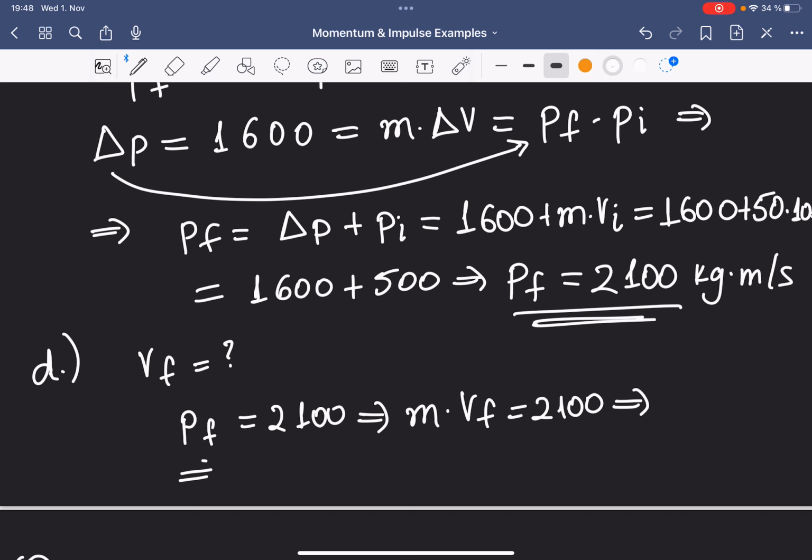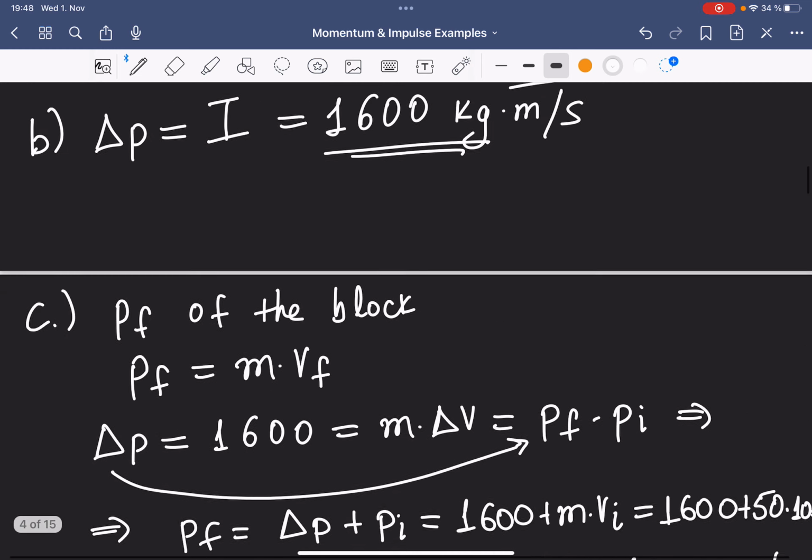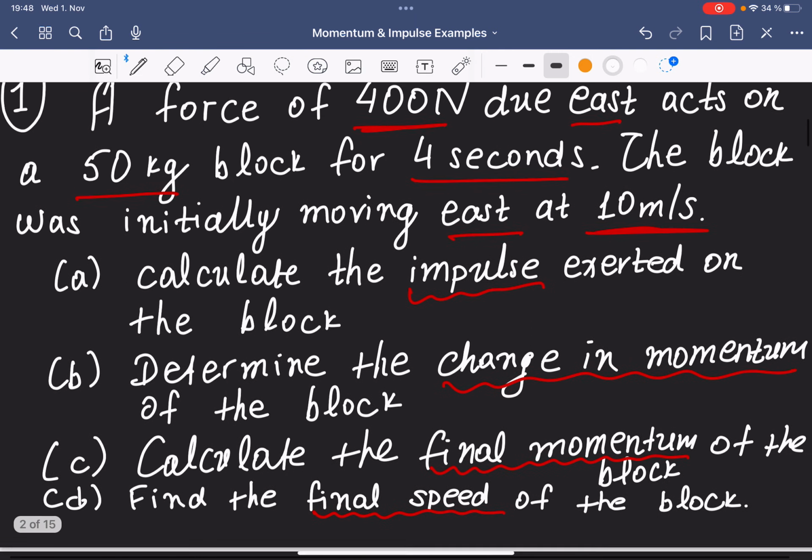And if we solve this one for VF, we can have that VF is equal to 2100 divided by M. 2100, the mass is going to be again 50. So 2100 divided by 50 is going to give us a final velocity of 42 meters per second. And that concludes exercise 1.